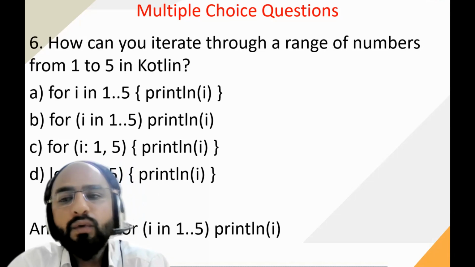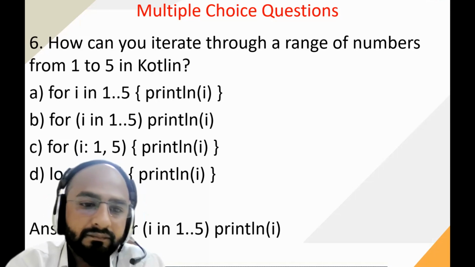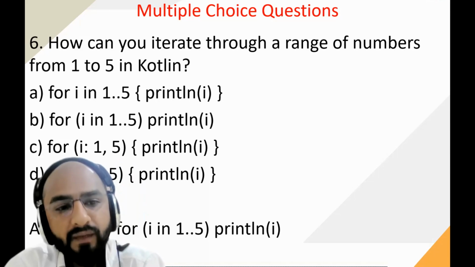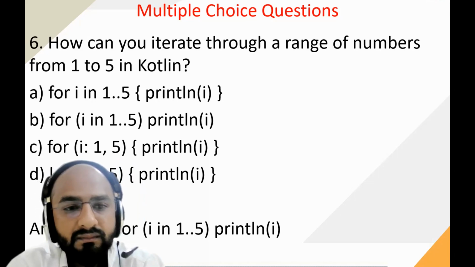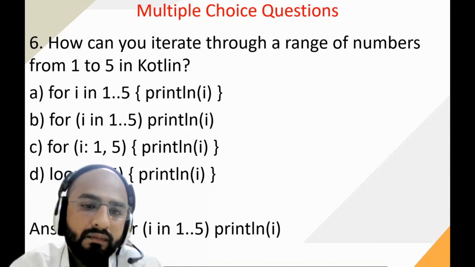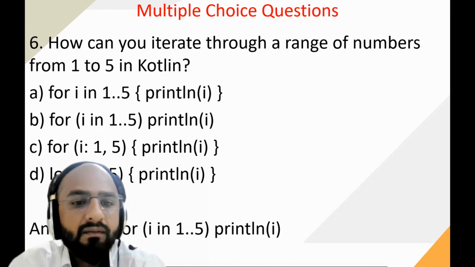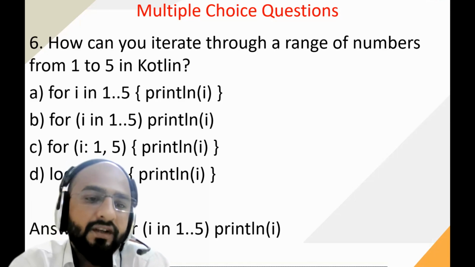How can you iterate through a range of numbers from 1 to 5? If you want to iterate a range in Kotlin, what is the syntax? For i in 1 dot 5, for i in 1 dot 5, there is a difference.